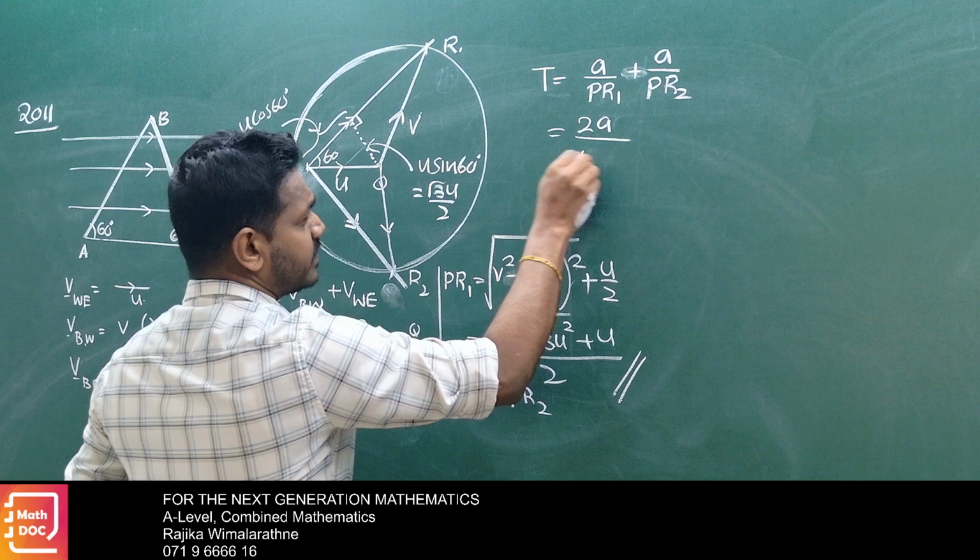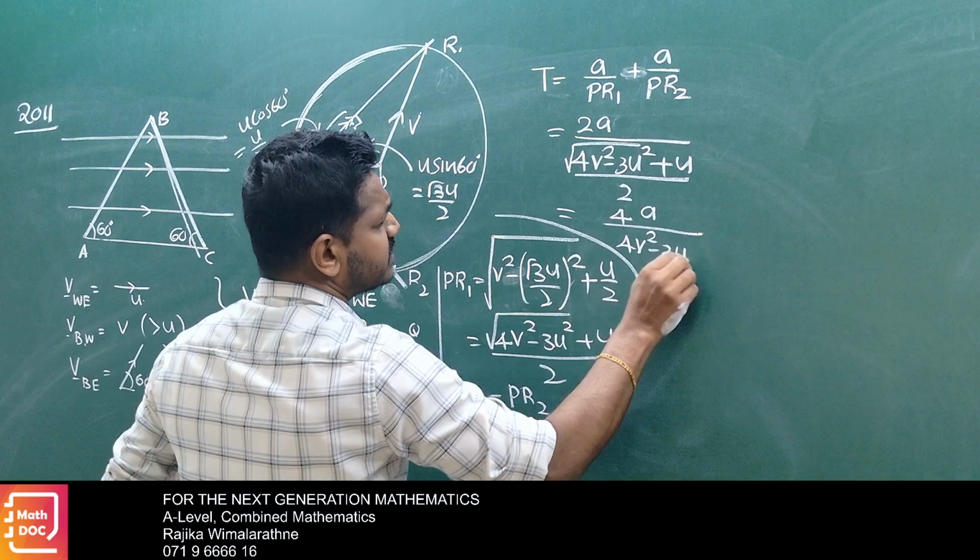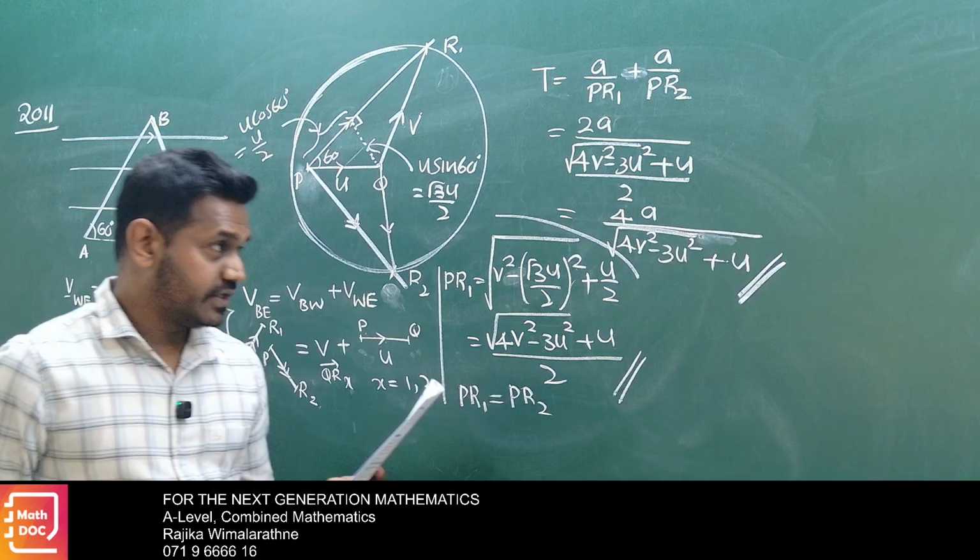Then 2 upstairs, 4A over root of 4V squared minus 3U squared plus U. Here the time: 4A over U plus root of 4V squared minus 3U squared. Okay. That is the 2011 error question.